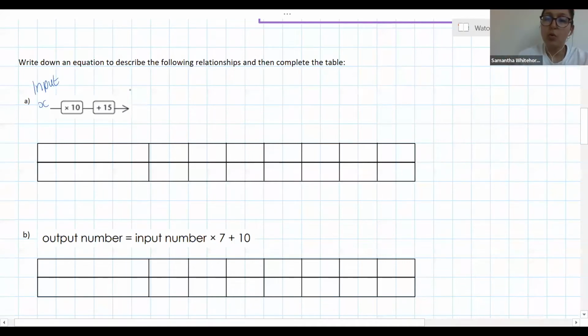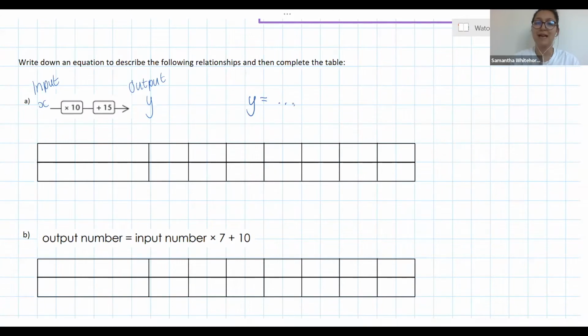Once we perform all of the operations we want on it, in this case the times 10 and plus 15, we get an answer, which we call our output, and that we represent with y. This is why we can write down an equation as y equals something happening to x, because once I perform my operations on x, I'm going to get an output y.